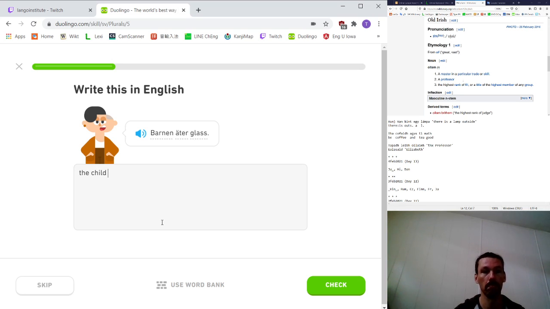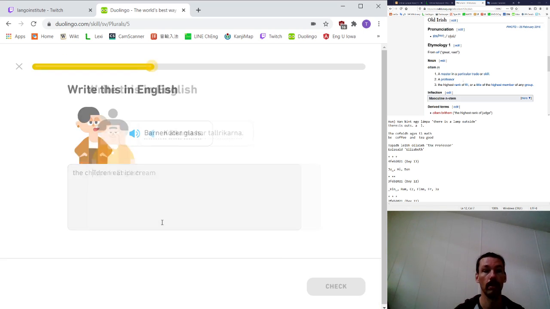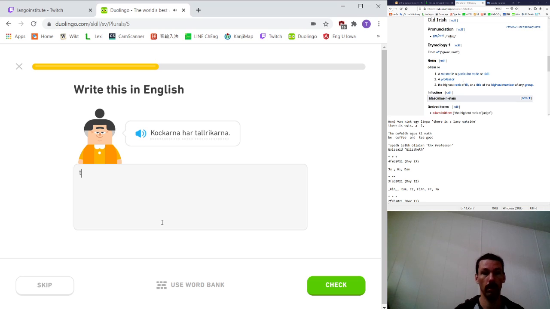Oh, we do! Because it's not barnet, it's neuter. The children. This is that plural N suffix that I'm really becoming aware of here for the first time. Generally it's an R, but in some nouns an N. Äter, eat ice cream.